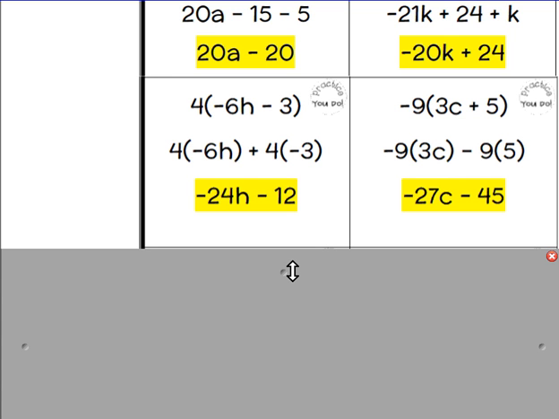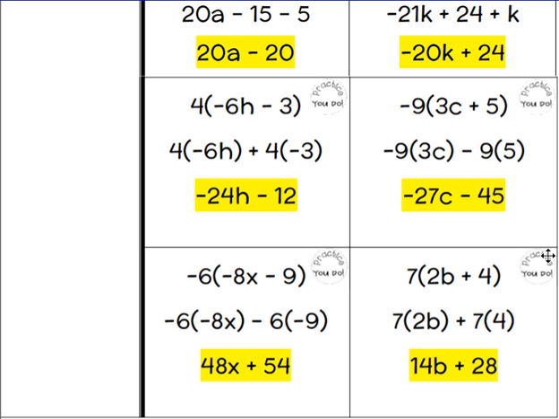The next set, you should have negative 24h minus 12 and negative 27c minus 45. And the last pair, you should have 48x plus 54 and 14b plus 28.